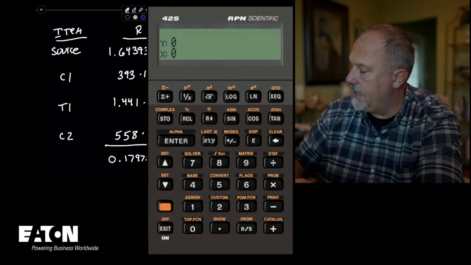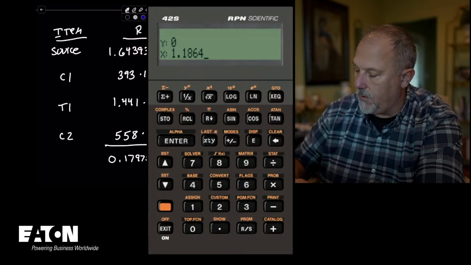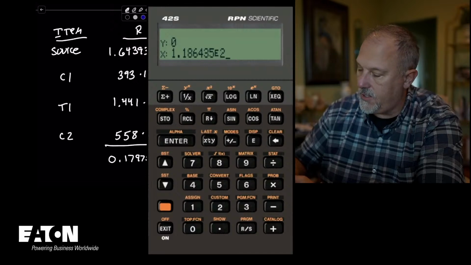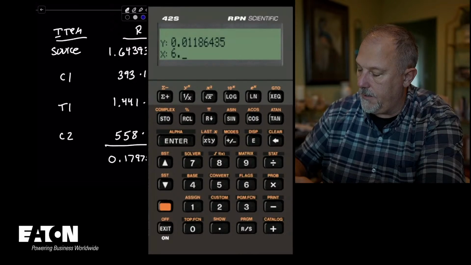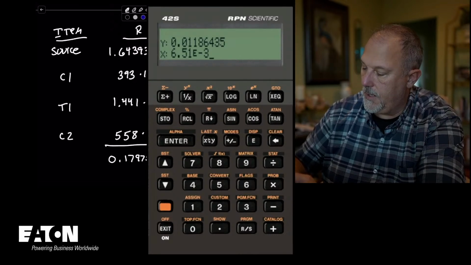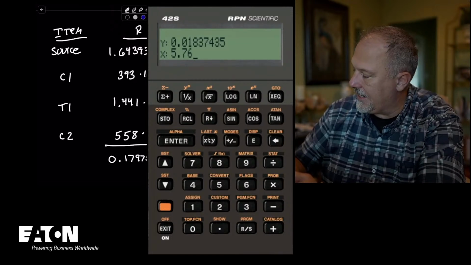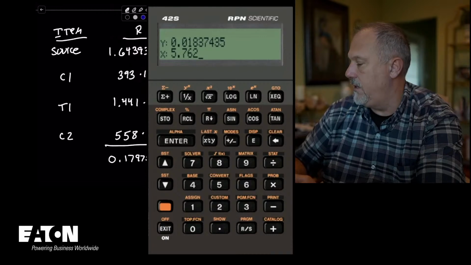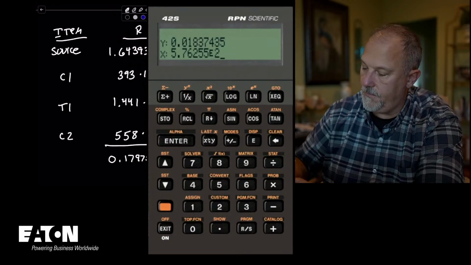Zero this out. 1.186 times 10 to the negative 2. Enter. 6.51 times 10 to the negative 3. Plus 5.762, 55 times 10 to the negative 2.